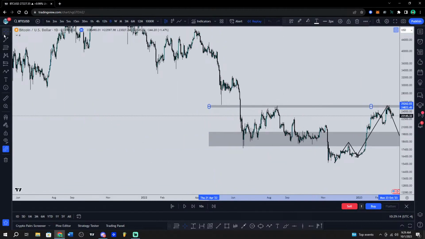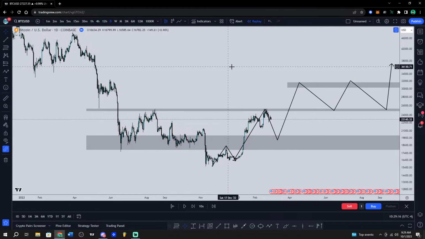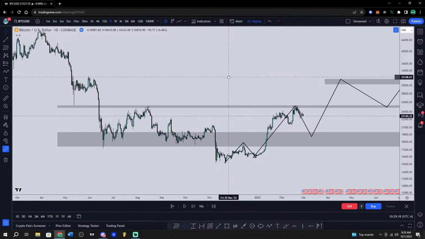This is why I highly recommend new traders and even experienced traders use the replay tool, okay? So you can get a clue as to what's going on with price action. It is really easy to look at stuff in hindsight.